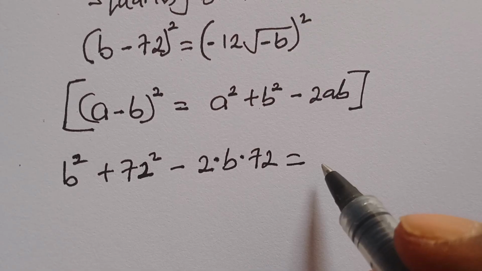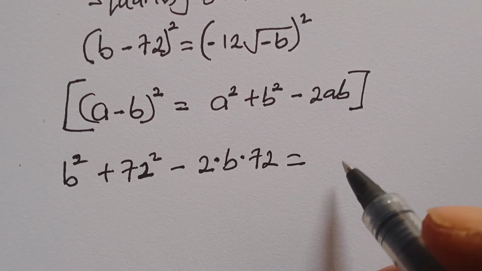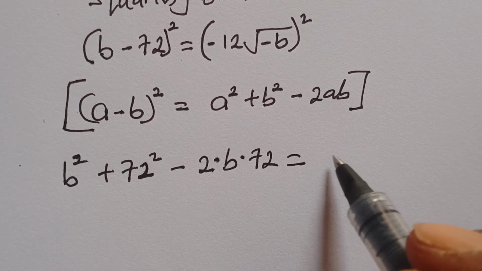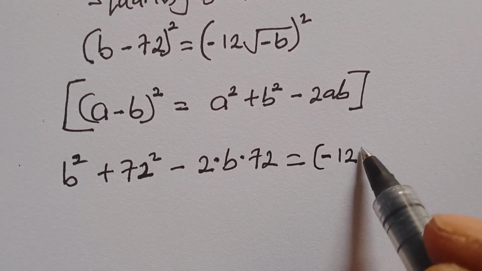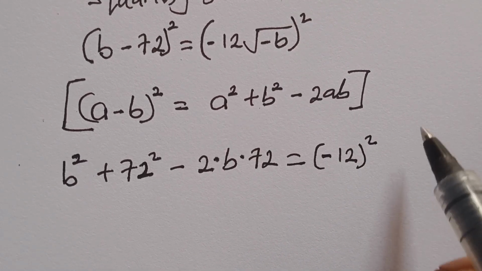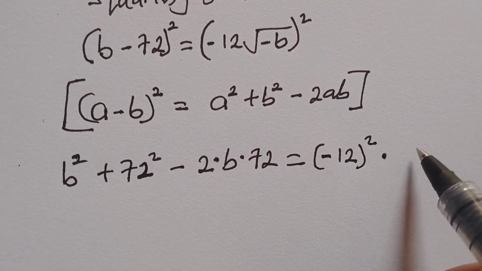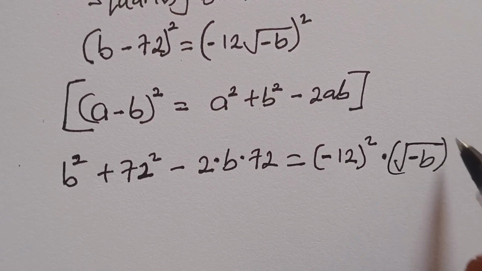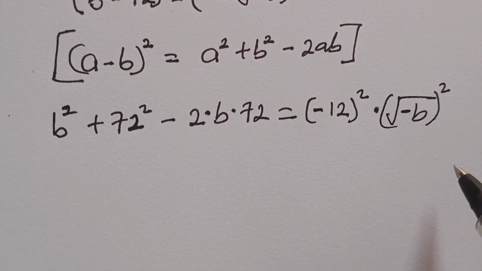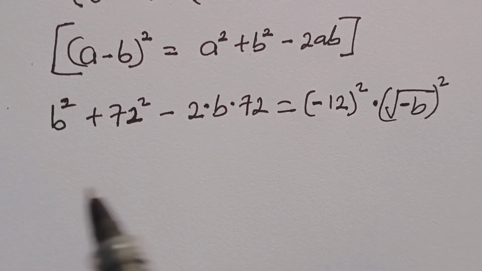Everything will now be equal to, because we've squared our right hand side, minus 12 squared, and the square root of minus b also takes its own square.